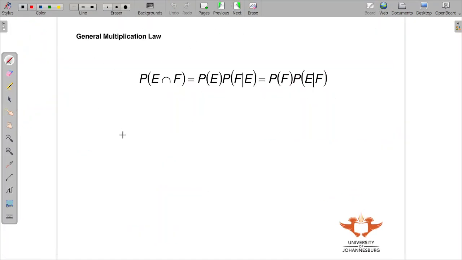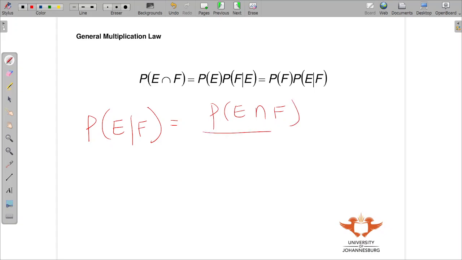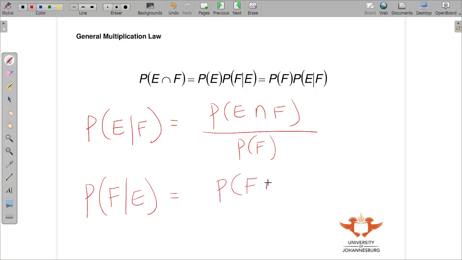I did mention to you that if we have the probability of E given F equals the probability of E intersect F all over the probability of F, and if we also have the probability of F given E, you can write it as the probability of F intersect E all over the probability of E. I did mention that these two intersections are the same.